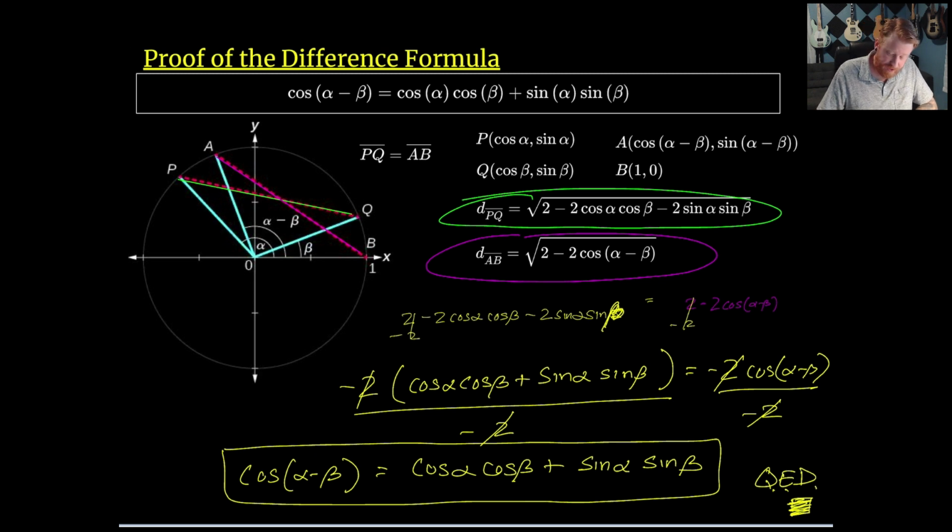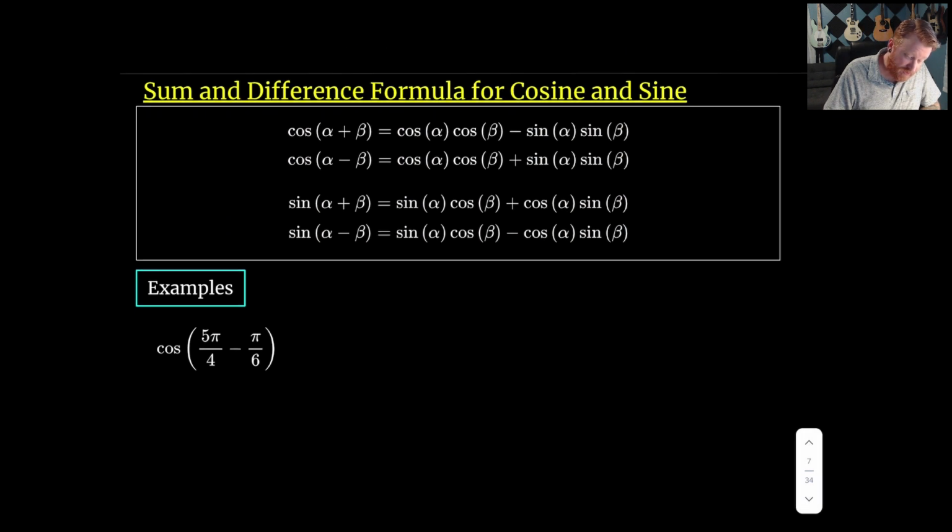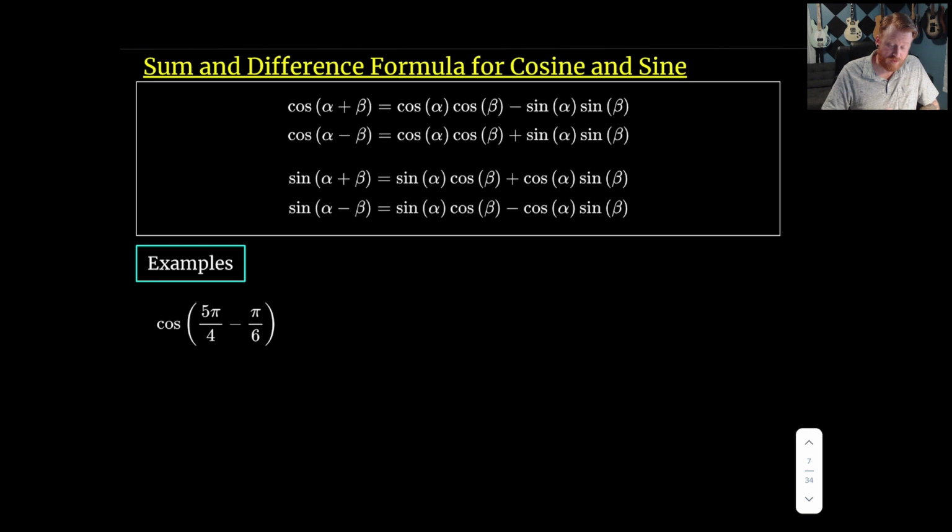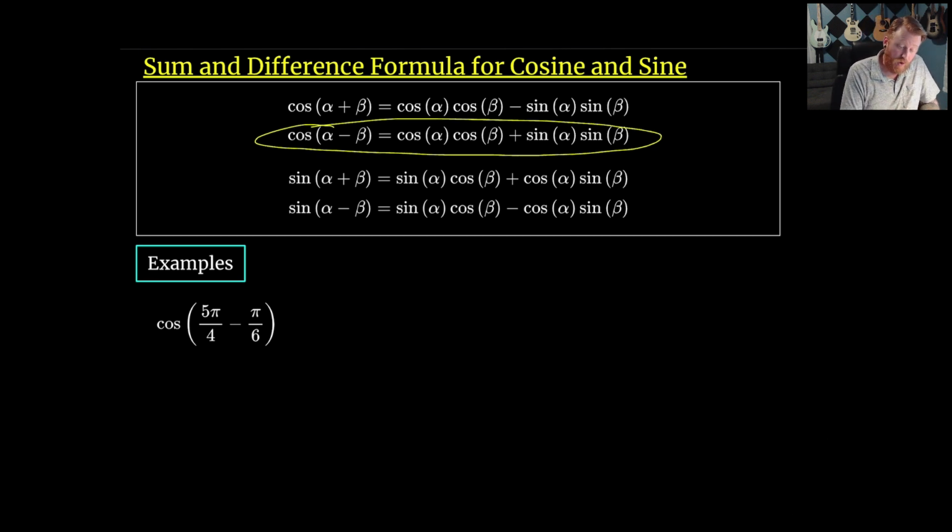So there it is. Here we get the rest of the sum and difference formulas for cosine and sine. So this is the guy that we just proved here. We can use what we know about negative angles and the odd and even properties of sine and cosine to get this formula. And then we can do something similar.